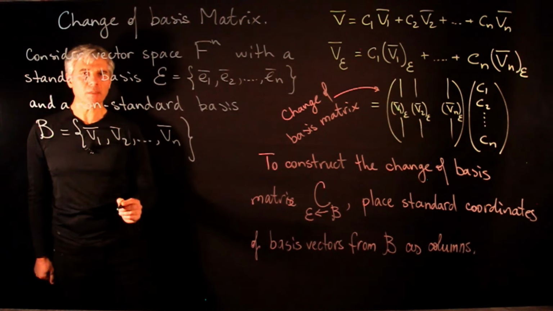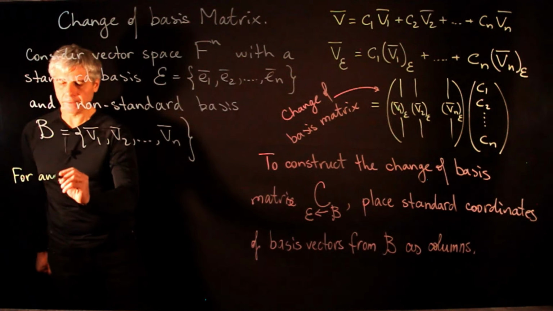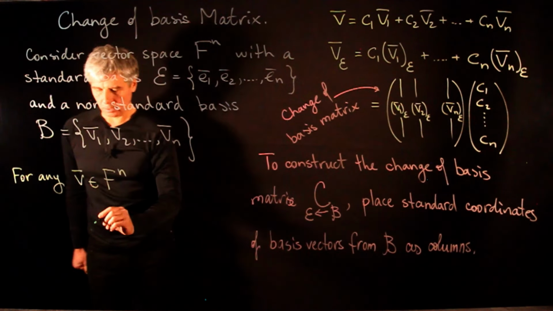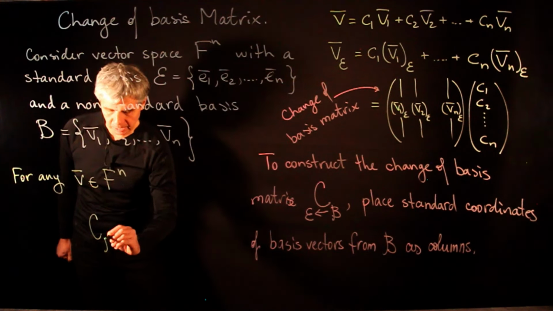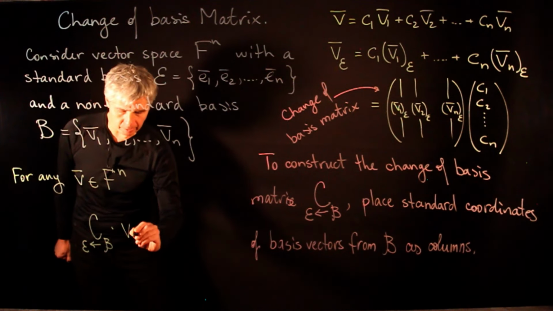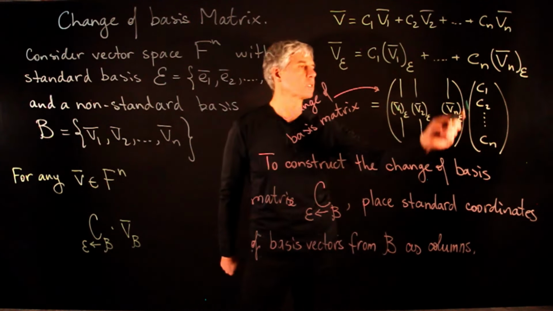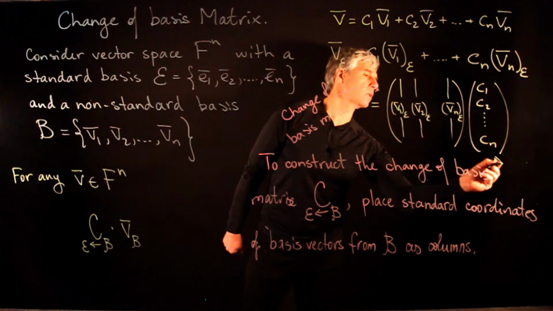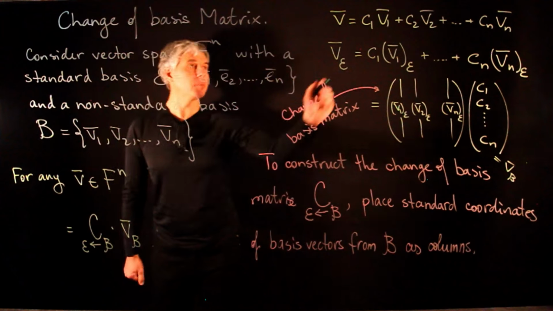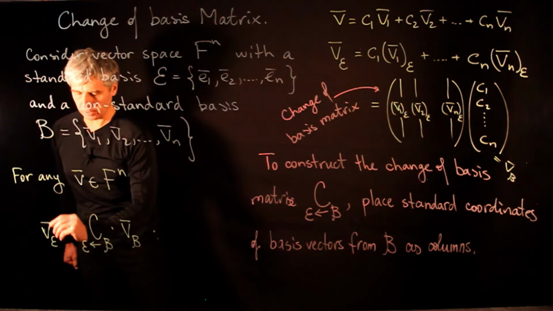This change of basis matrix serves the following purpose: for any vector v in Fn, if we take the change of basis matrix from B to E and multiply it by the coordinates of the vector v with respect to basis B, then the result will be the standard coordinates of the given vector.